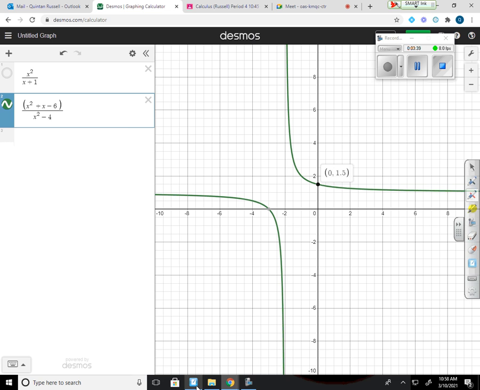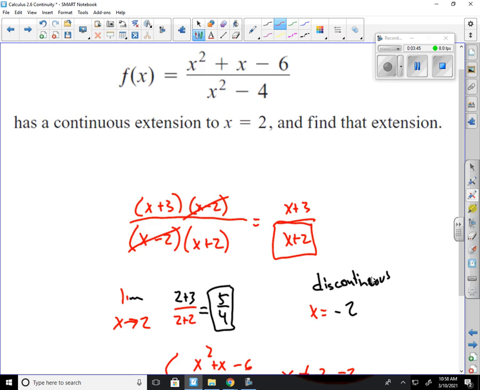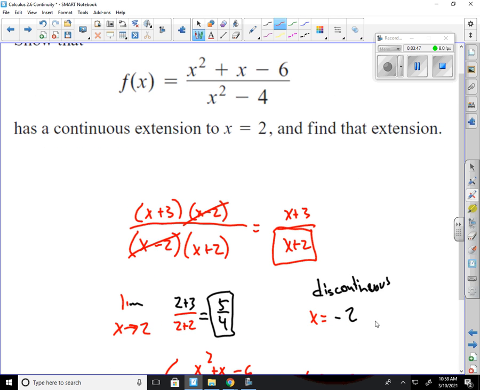But yeah, you would just write it like this. You could also have just written your answer as: the continuous extension to x equals 2 is 5 over 4. You would have to write all of this out instead of doing your piecewise function.